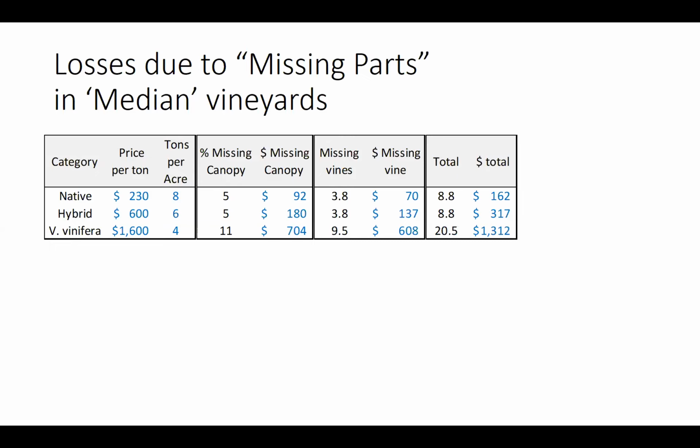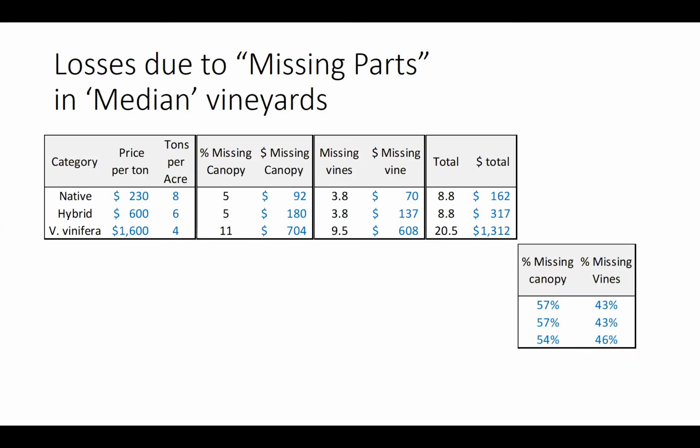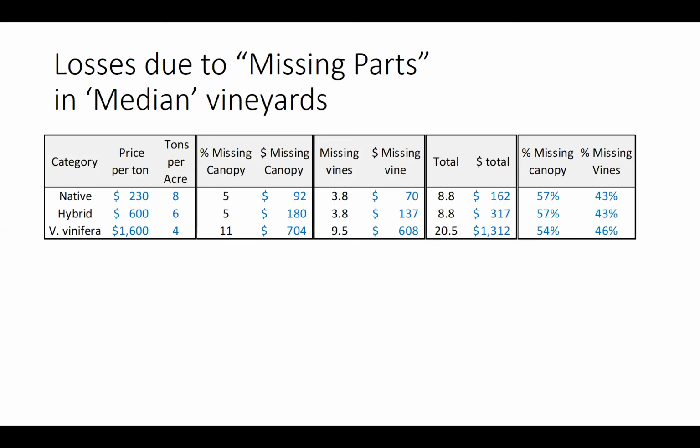So the total there that we've already done, and the percentage of this, okay, the natives and hybrids were together, so about 60-40 between the missing canopy and the missing vines, and the vinifera about 50-50 between missing vines and missing canopies.